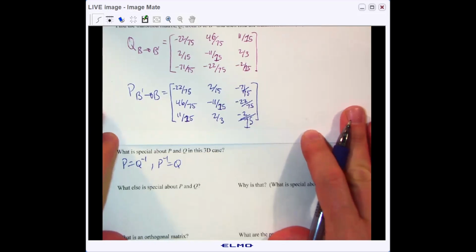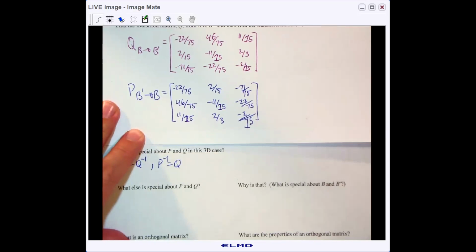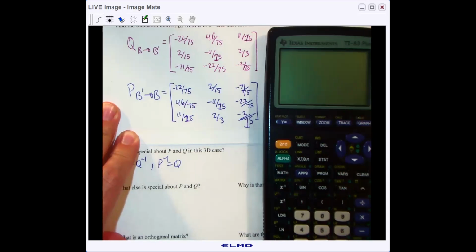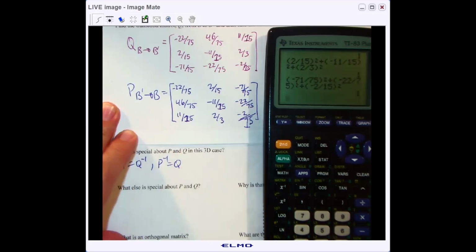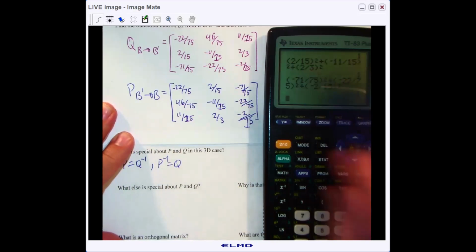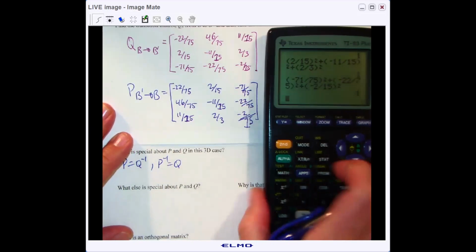And we had orthonormal bases, which was actually something pretty special. So if we take a look here on our calculator, I took the row vectors and found their magnitudes, technically magnitude squared, and found that each of the row vectors has magnitude 1.